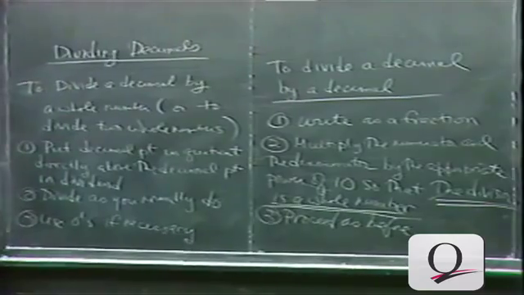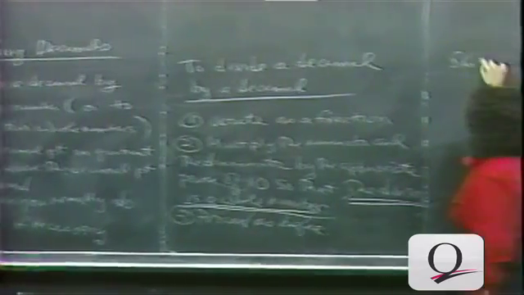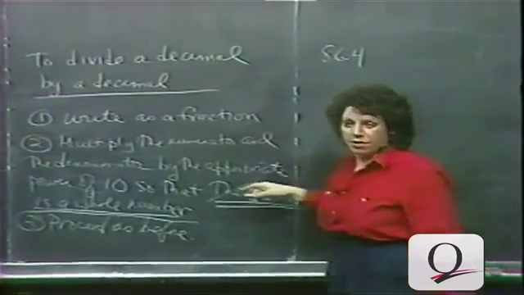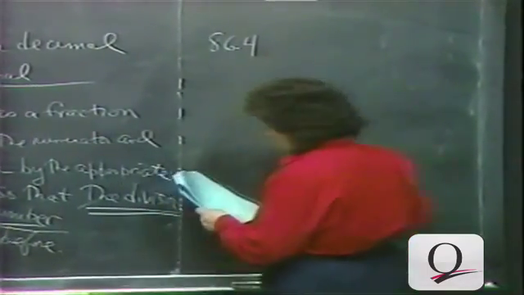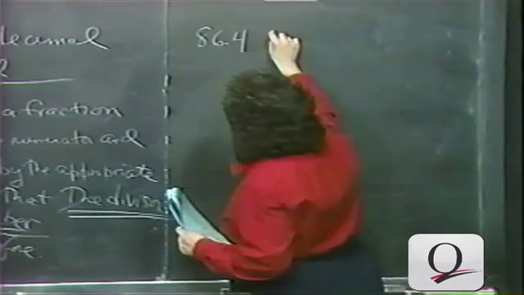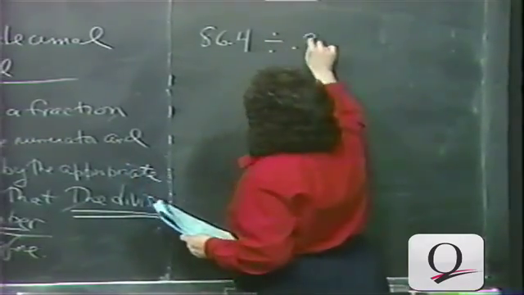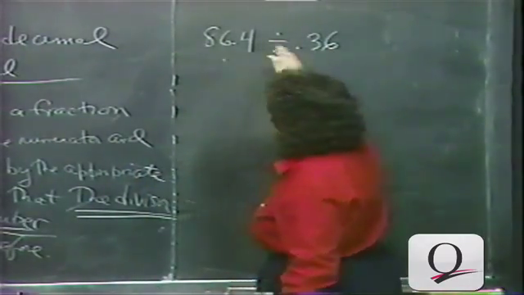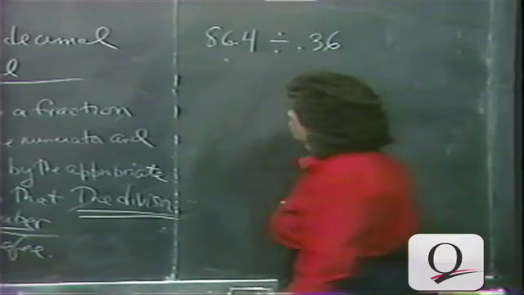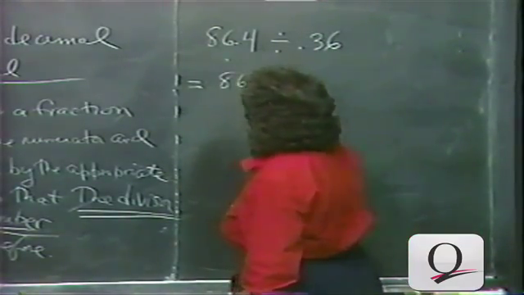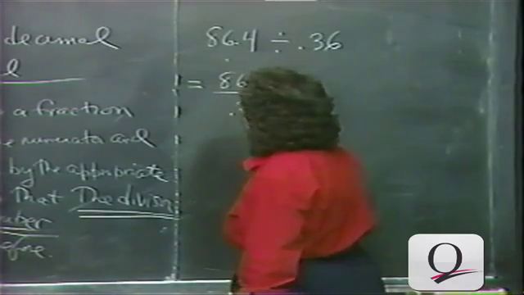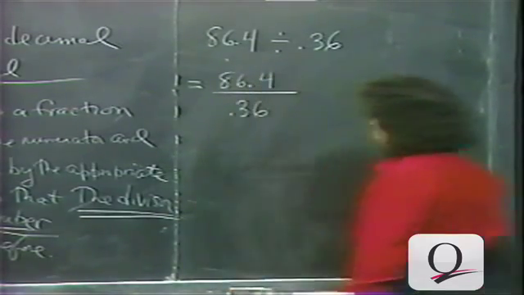Okay, for example, let's say we have 86.4. By the way, if you're not finished copying these rules, you can, of course, pause the machine and then copy them. Okay, let's say we have 86.4 divided by 0.36. One decimal divided by another. Rewrite this in fractional form, 86.4 divided by 0.36.